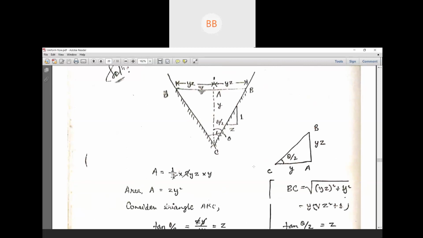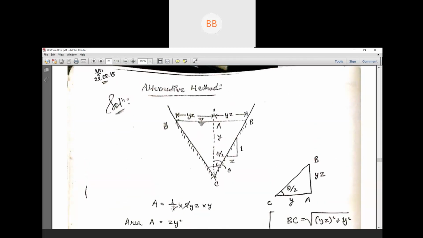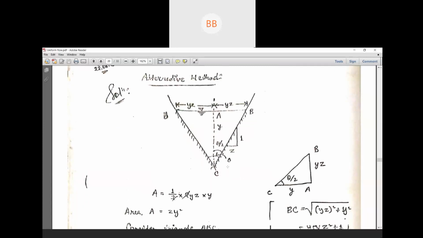See, there are various ways you can derive that one. Even I have done it with two processes. I think this one is simpler, that is why we are discussing this. Here I have already written an alternative method. You can do by using that method also.